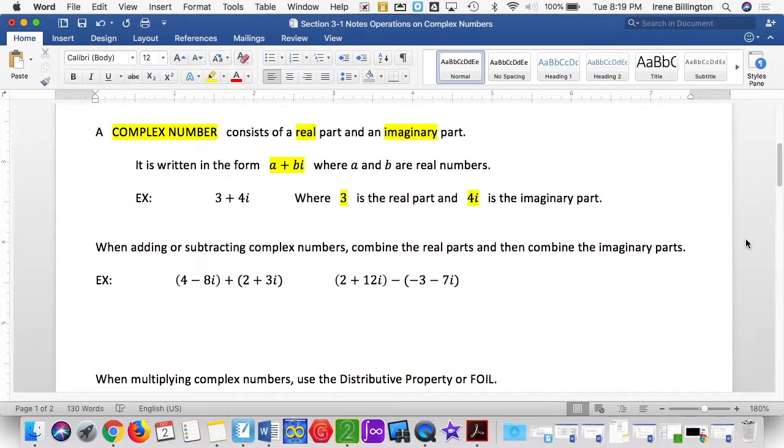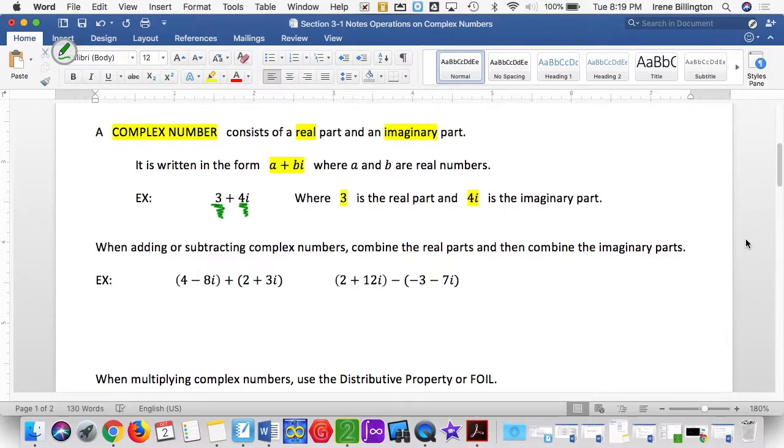So, for example, the complex number 3 plus 4i has two parts. 3 is the real part, and 4i is the imaginary part. So when you write a complex number, that number has a real part and an imaginary part. You always write the real part followed by the imaginary part.